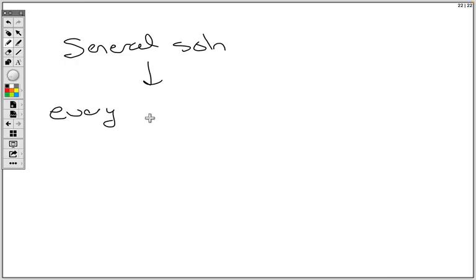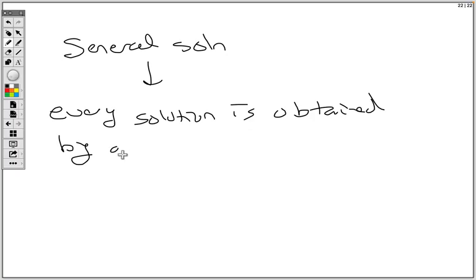The general solution means that every solution is obtained by a particular choice of parameter.